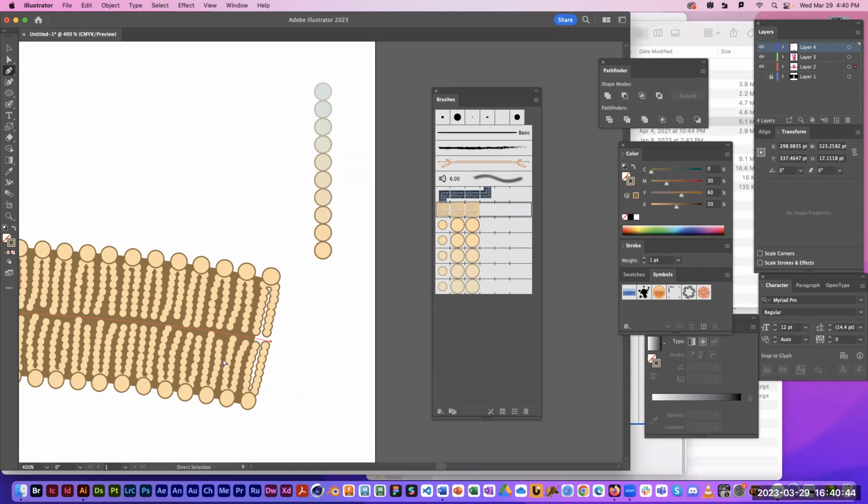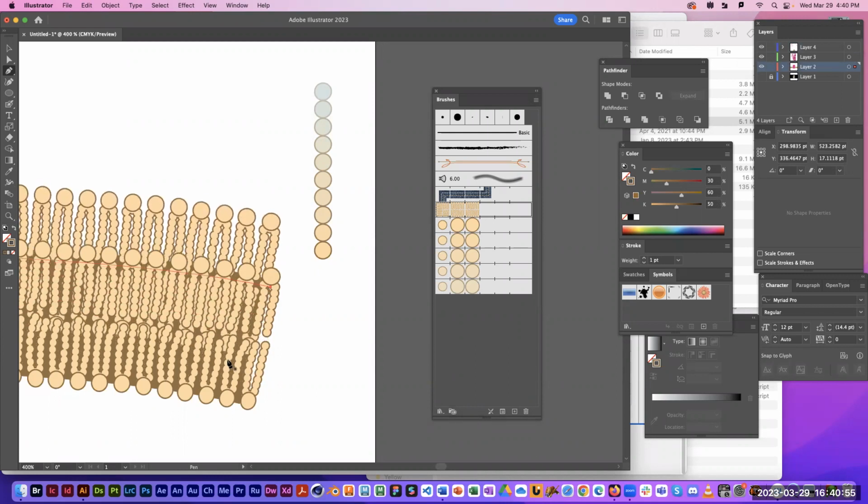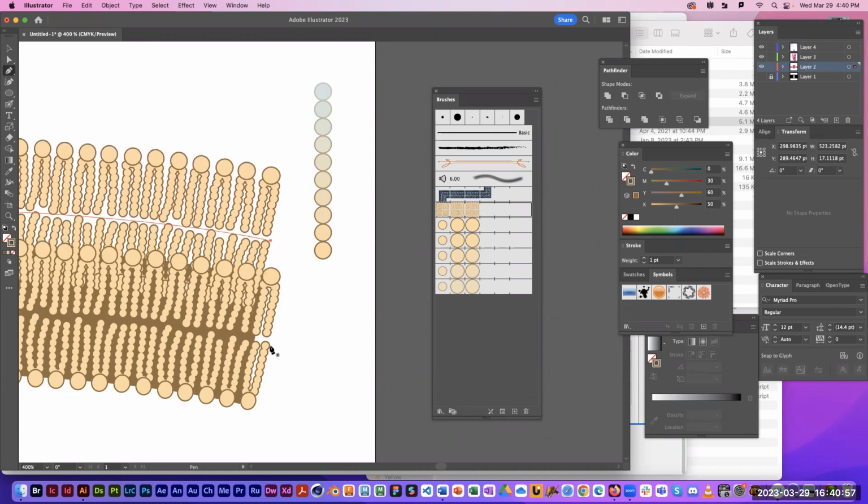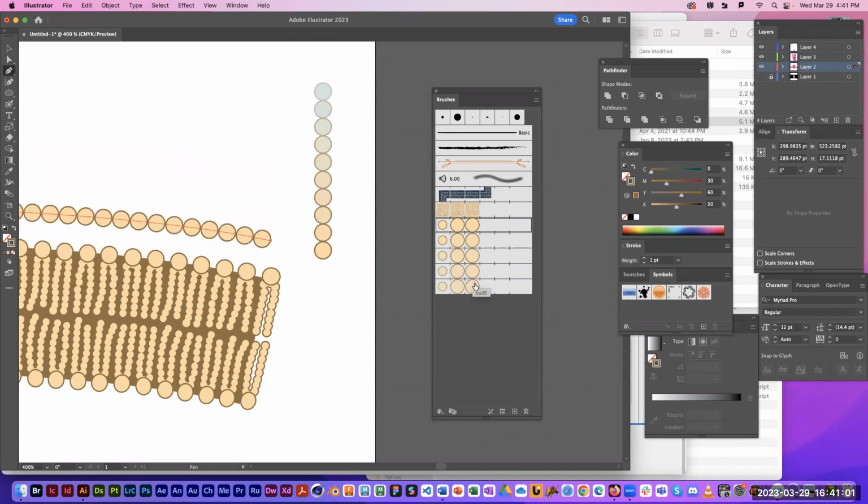So then I'd want to take basically the same path, copy it, paste in back, which is Command B. Now there it is back there, but now I'm going to put this ball 1 path in there.